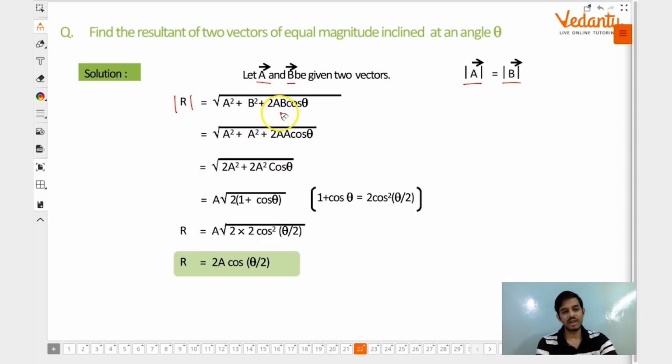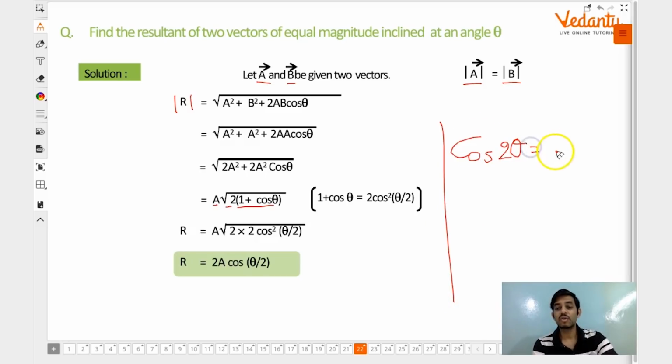A or B are equal, so simply substitute a. Finally what we are getting is a common आ गया, under root of 2 into 1 plus cos theta. Now जनता, double angle formulas, if you remember, cos 2 theta equals to 2 cos square theta minus 1.